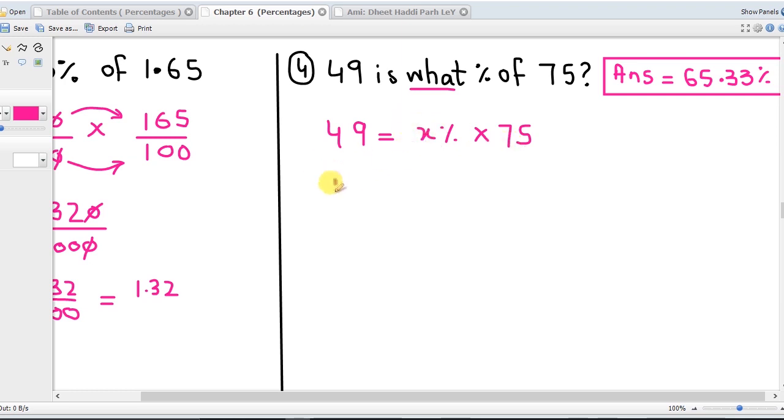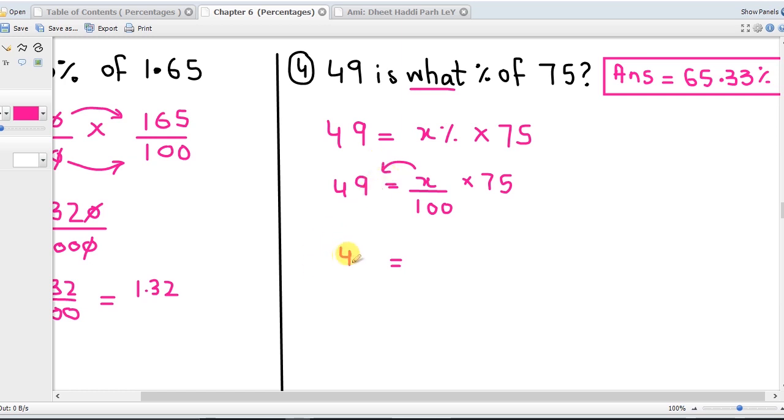Now we need to find out the value of x. So start solving it from here. 49 is equal to x. Per means divide, cent means 100, percent means divided by 100, times 75. Now since we need to find out the value of x, extra things over here are this 100 and 75. So we need to shift these values towards the other side of the equation.